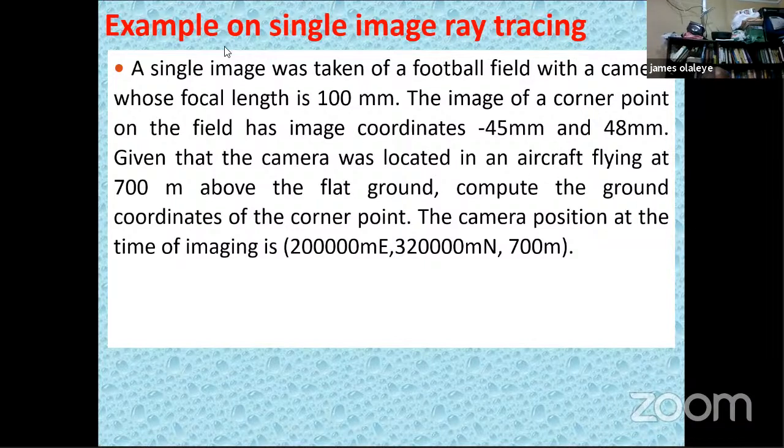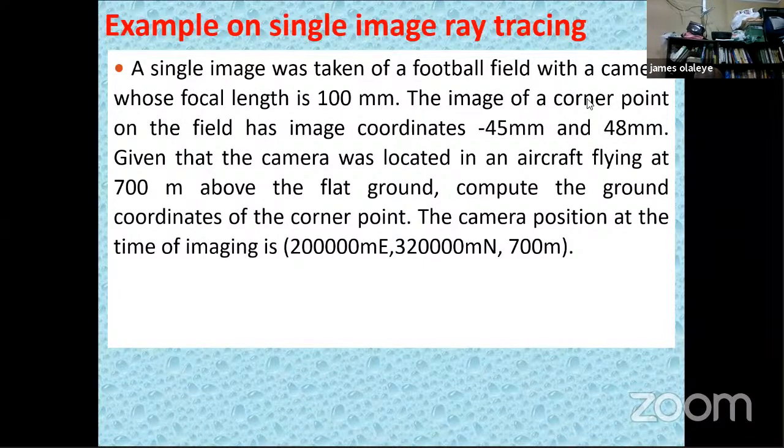Okay. Now he's saying a single image was taken of a football field, where maybe we'll have changed this one to a vertical building, with a camera whose focal length is 100 mm.